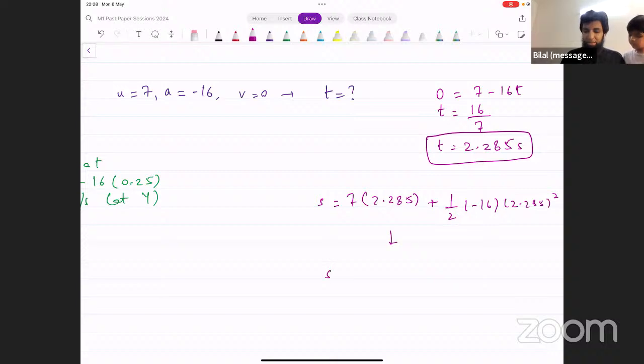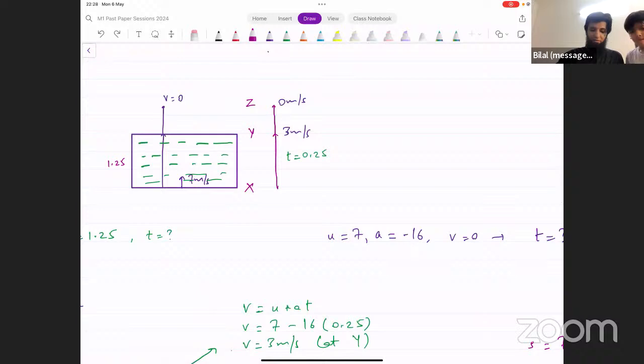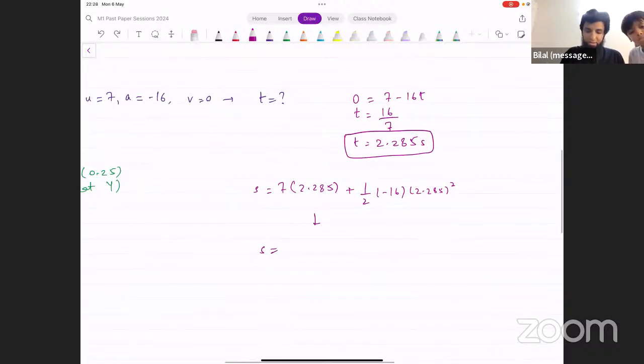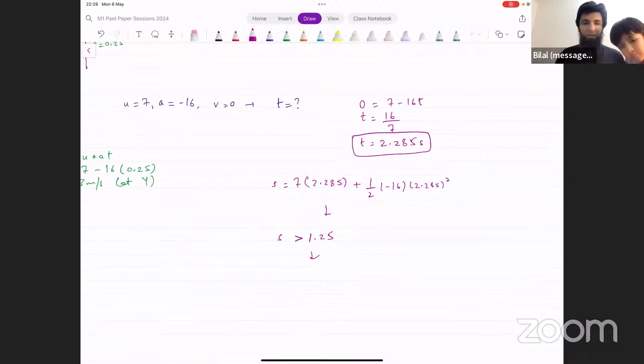If you find the displacement from this, that will be more than 1.25. So that means inside the water, it's not becoming zero, because this displacement turns out to be greater than 1.25. So that cannot happen inside the water. All right, I hope that makes sense.